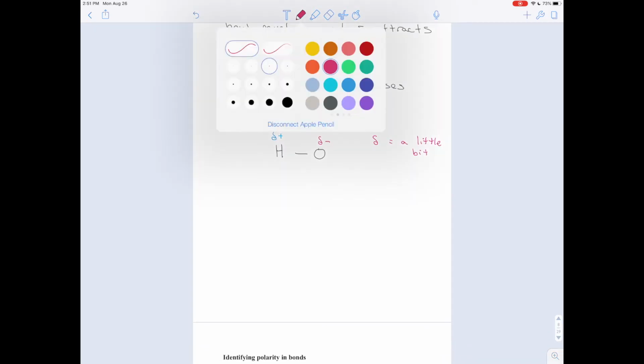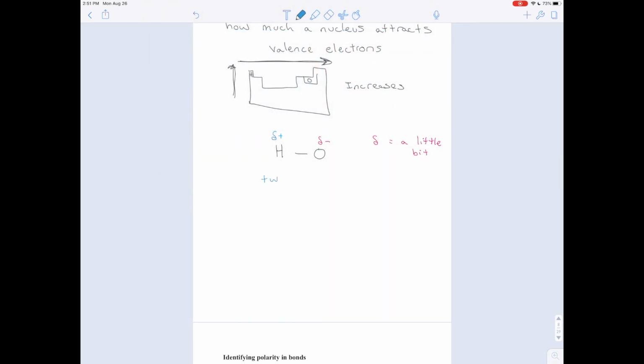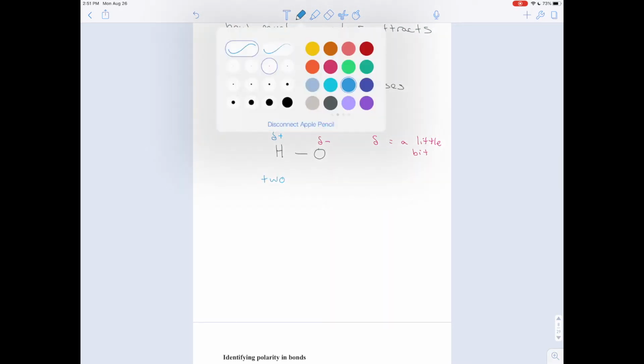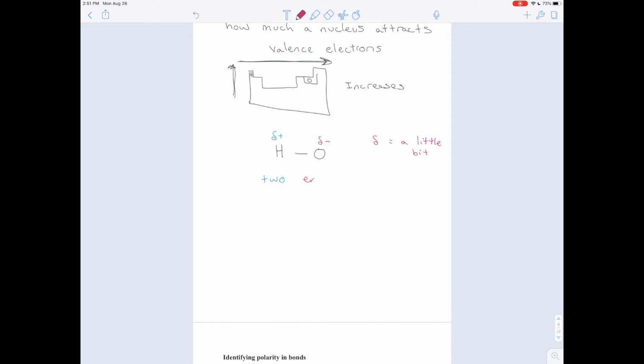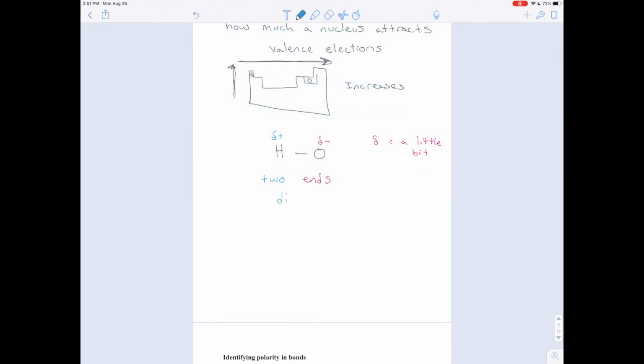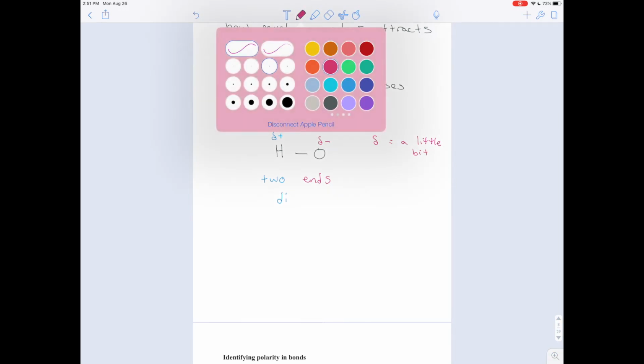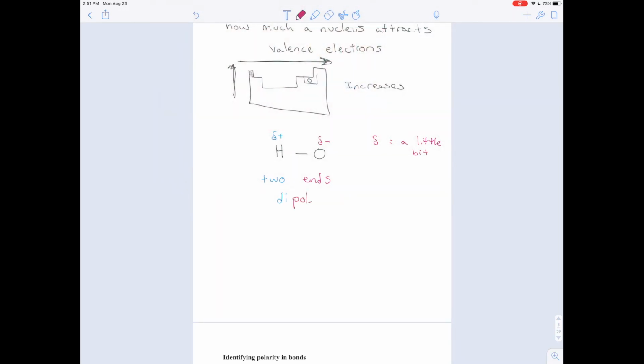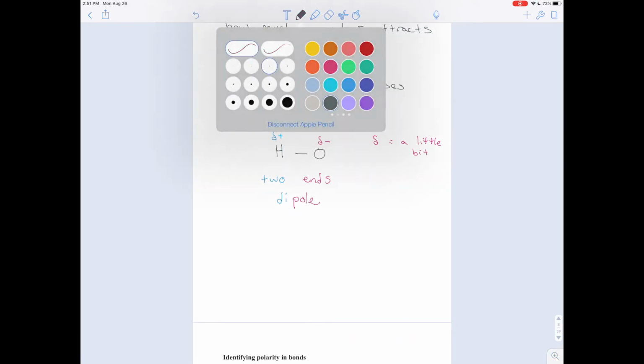This bond has two ends. It has a positive end and a negative end. And another way to say that is that it is a dipole. Di means two, and a pole is just another word for an end. For example, the North and South Pole are the two ends of the Earth. So that's what that is.